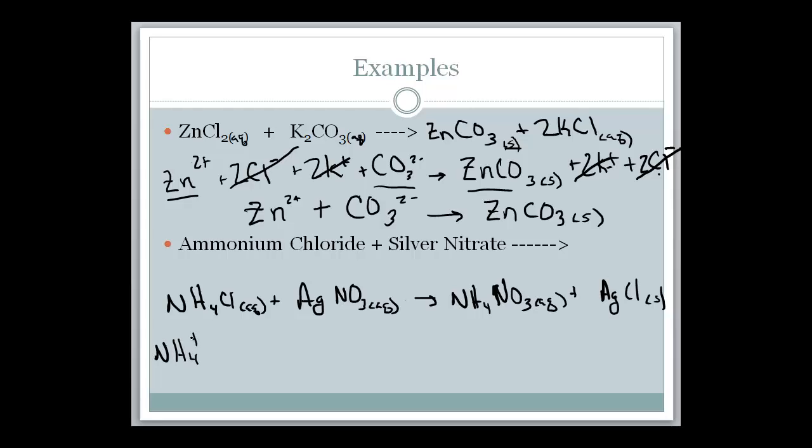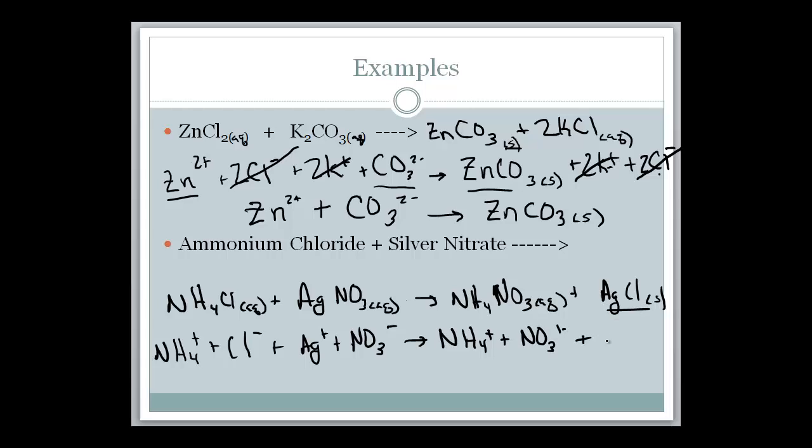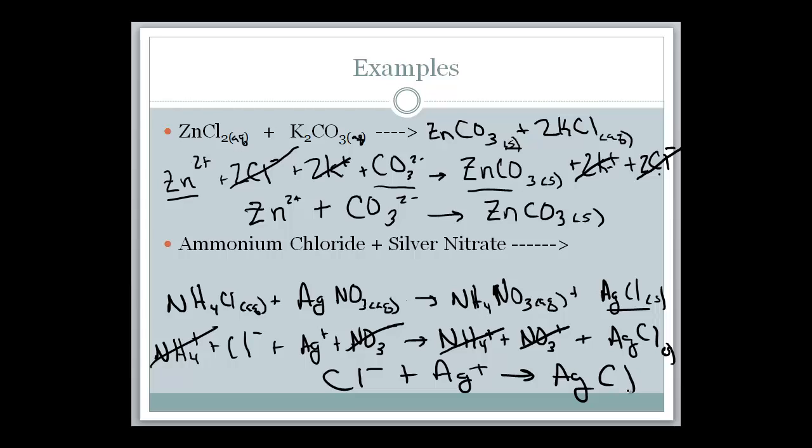We've got the ammonium ion, or polyatomic, plus chloride, plus silver, plus nitrate, yields ammonium plus nitrate. Silver chloride's a solid, so we leave it as a solid. Cross out the spectators. So we have the chloride ion reacts with silver to form silver chloride.